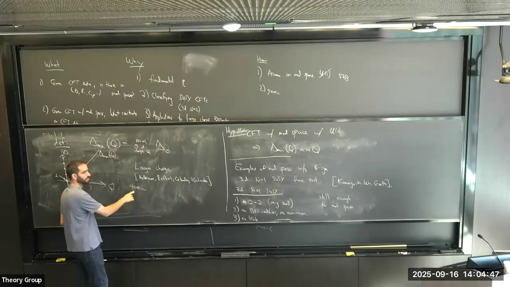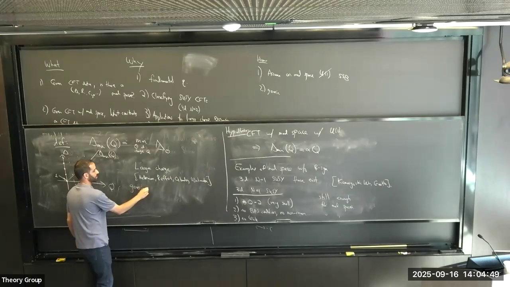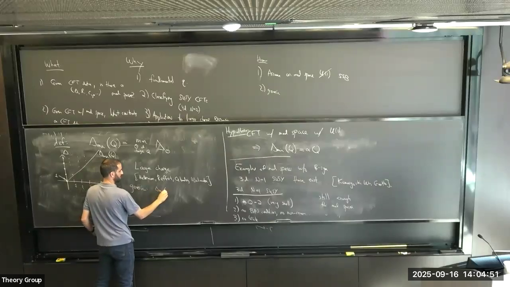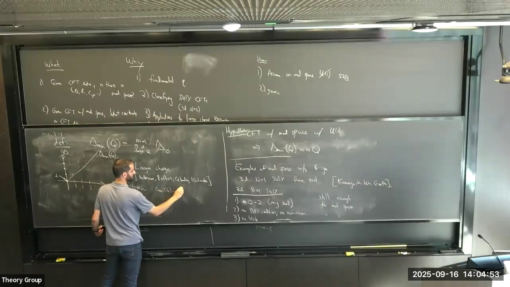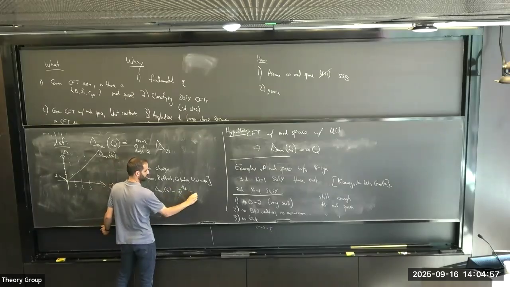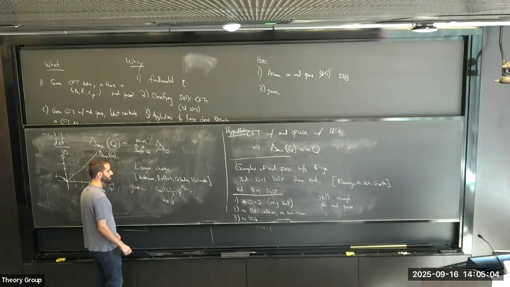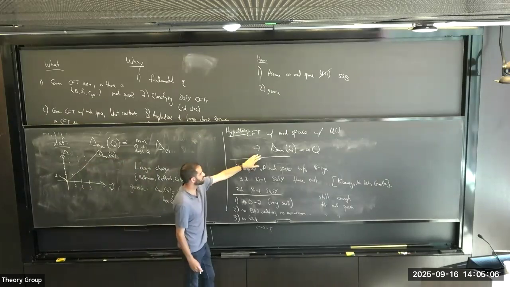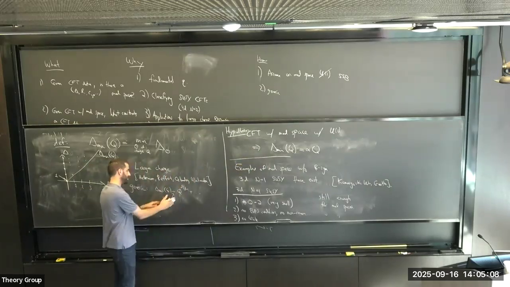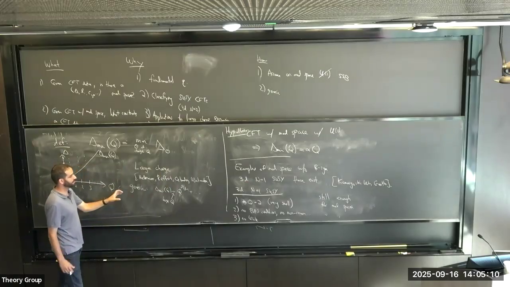So for a generic CFT with no moduli space, this Delta_min(Q) behaves as Q^(D/(D-1)), where D is just the space-time dimension, plus corrections that are smaller in Q at large Q. So this is at large Q. This is very different from the case with the moduli space. The way you get this, you don't even need some heavy machinery. It's basically dimensional analysis.